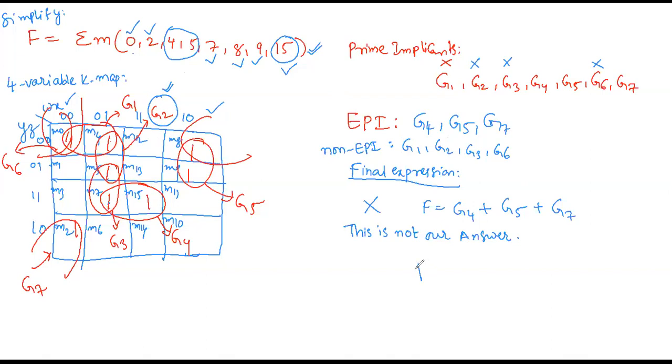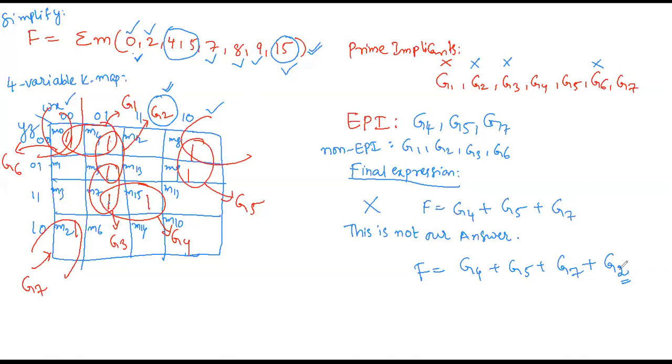So our answer is F is equal to G4 plus G5 plus G7 plus G2. We are adding G2 because essential prime implicants are not covering all the minterms in the given expression F. So we are adding one non-essential prime implicant.